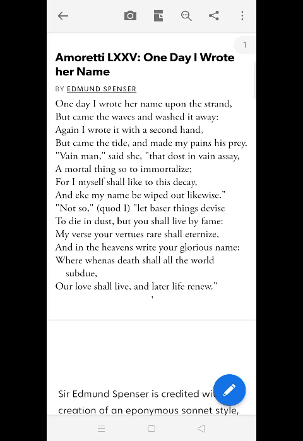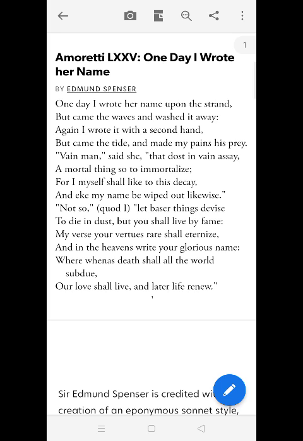In response, what does the speaker say? The speaker admits that everything has to die and perish from the earth except some virtues. Now he is praising the virtues of his beloved.